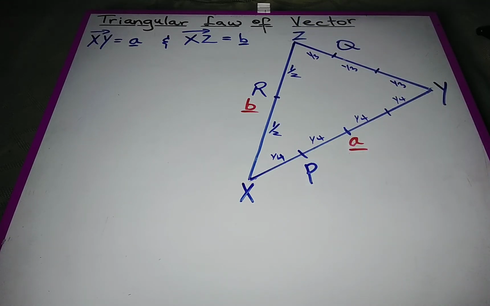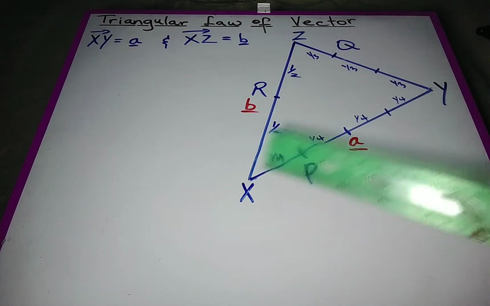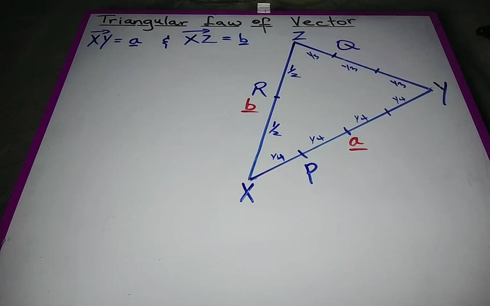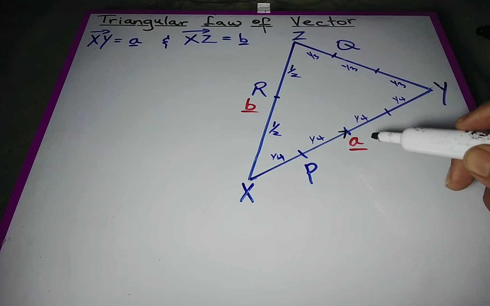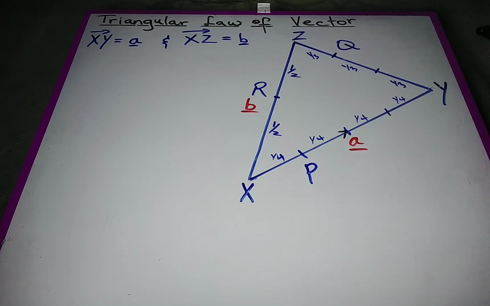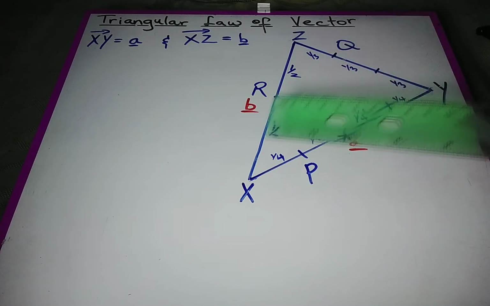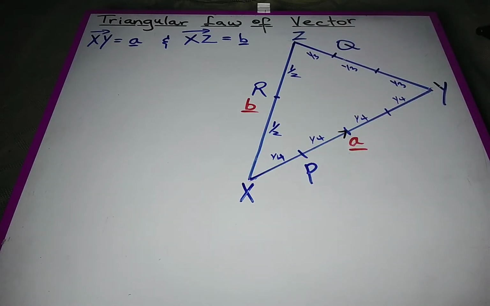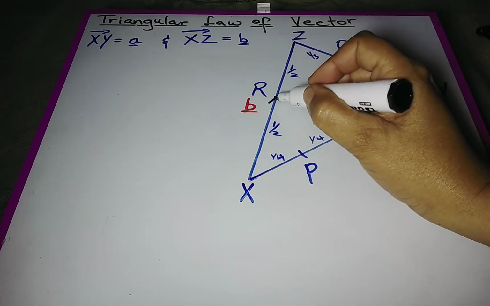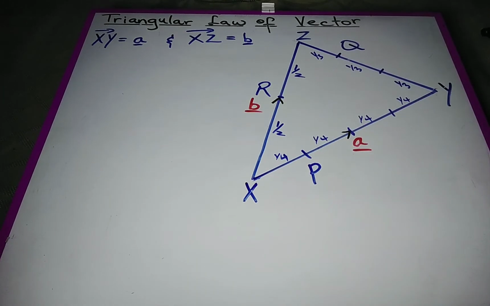All right. Further, the question says, if vector XY, so it starts with X, ends with Y, it means it's going in this direction. When going that direction, A is positive. And then vector XZ, start at X, end at Z, so it means it's going in this direction, and then B is positive.